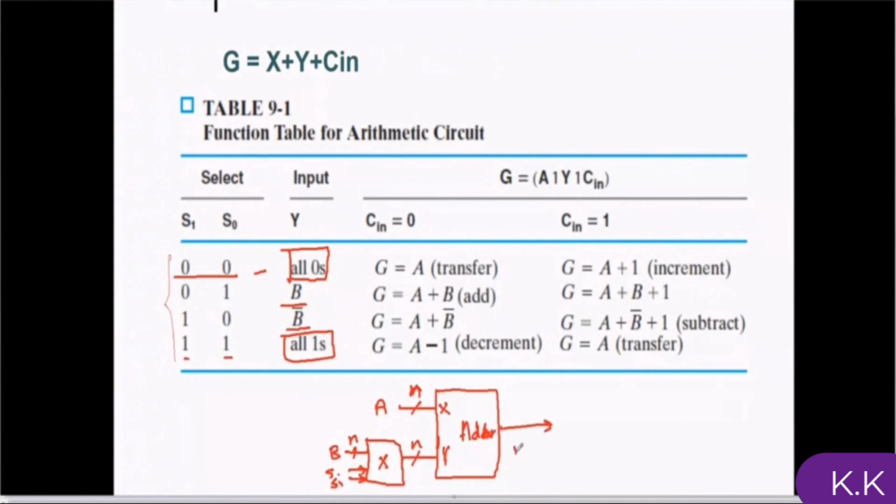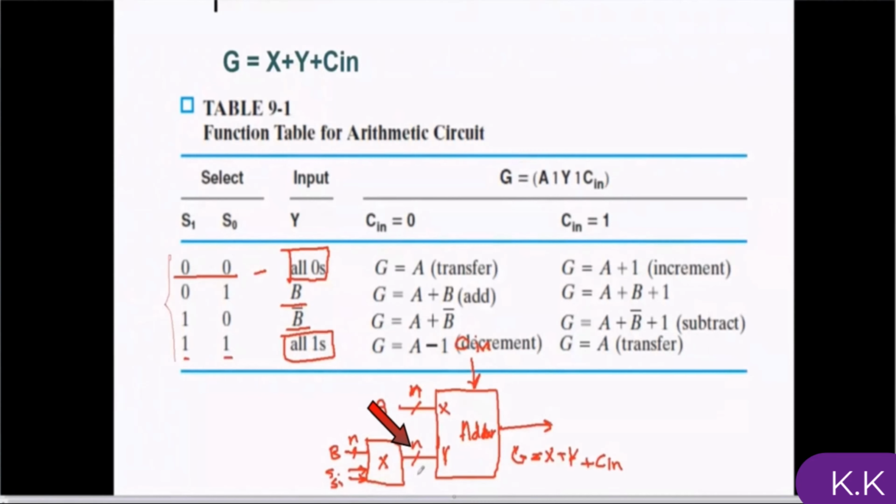What is the output for this? There are 4 possibilities. When S0 S1 are 0 0, this is the AND with 0 here. We should create a circuit to give the input Y all zeros. Then what?